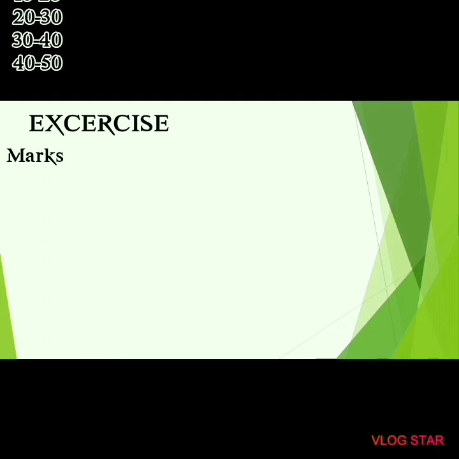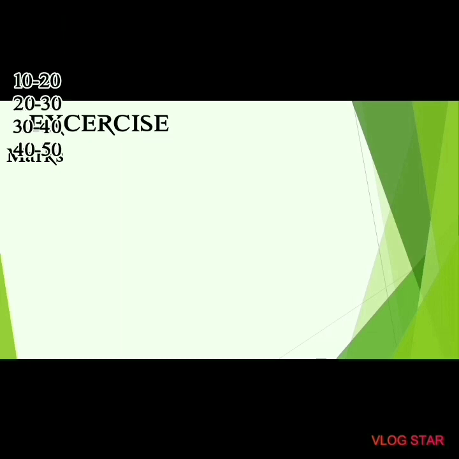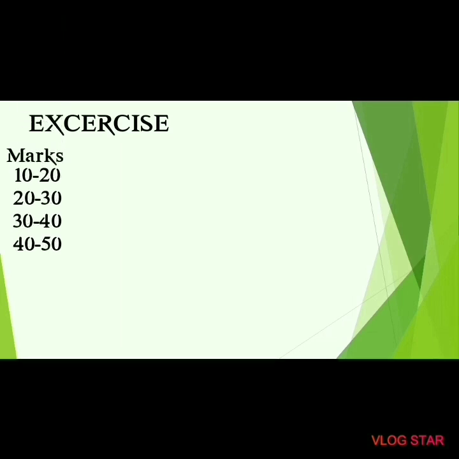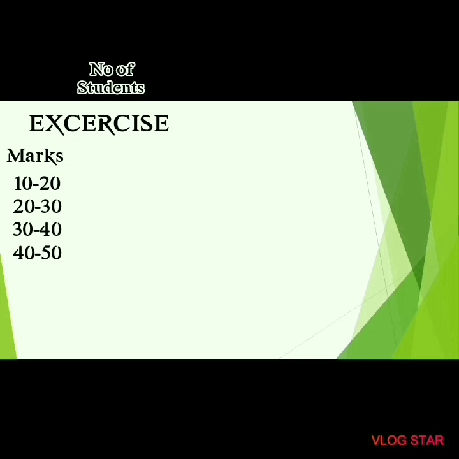And now the number of students in the class, that is the frequency of the class, which is given as 5, 8, 4, and 3. So the example is the same example we have taken in the first two methods.